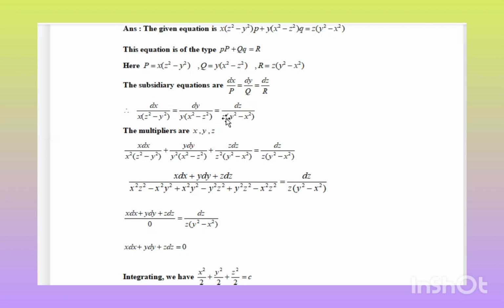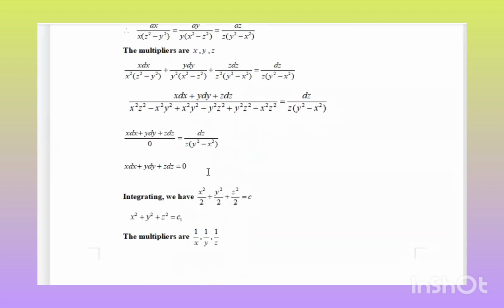So you can write dz divided by z into (y square minus x square). The denominators are becoming 0. So the numerator is x dx plus y dy plus z dz divided by 0, which is equal to dz divided by z into (y square minus x square). By cross multiplying, x dx plus y dy plus z dz is equal to 0.